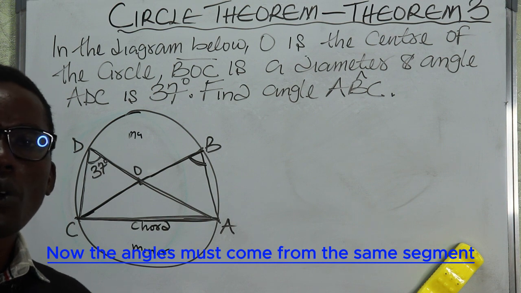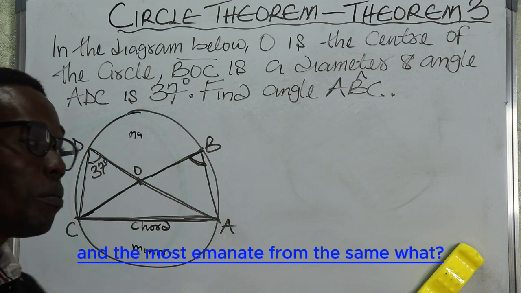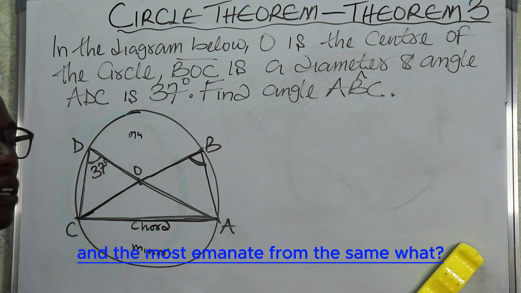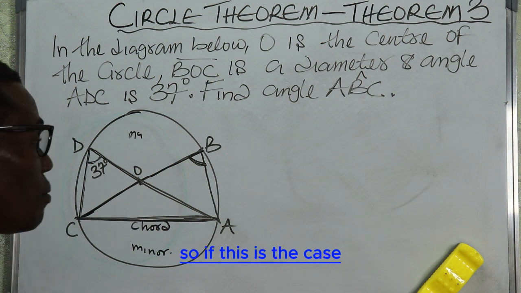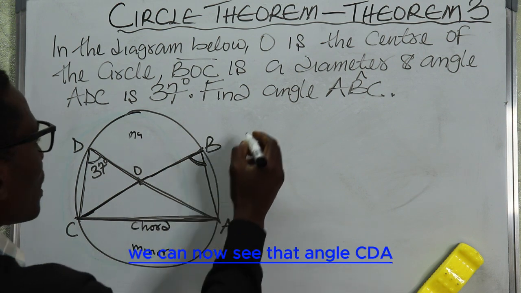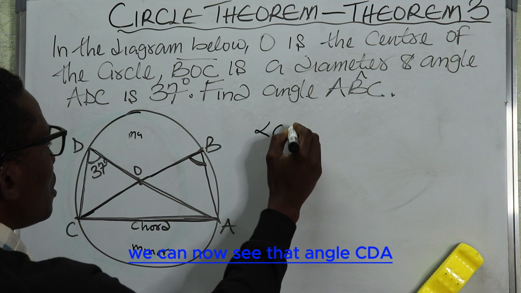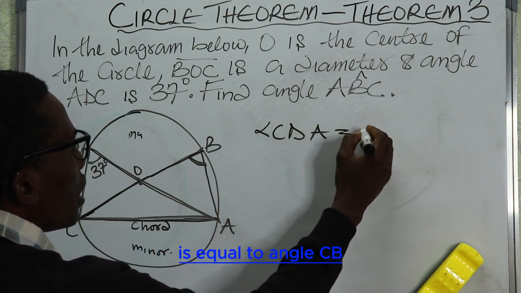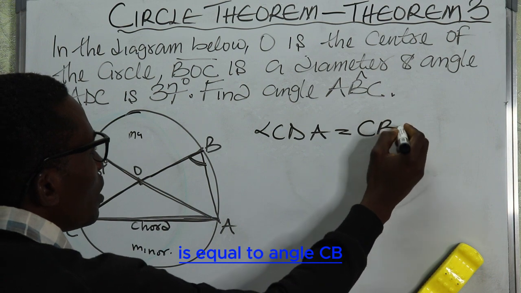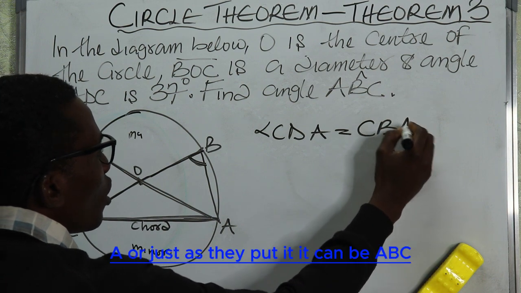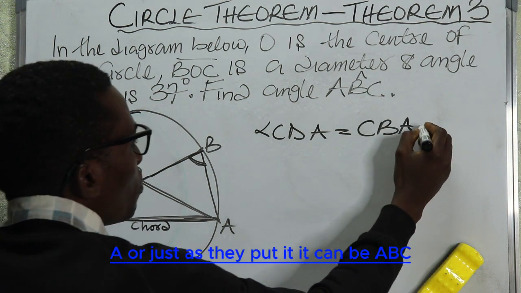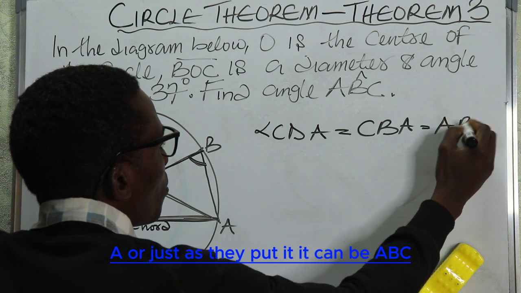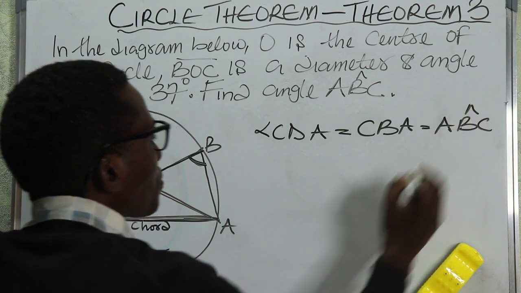Now the angles must come from the same segment and they must emanate from the same chord. So if this is the case, we can now say that angle CDA is equal to angle CBA, or just as they put it, ABC.